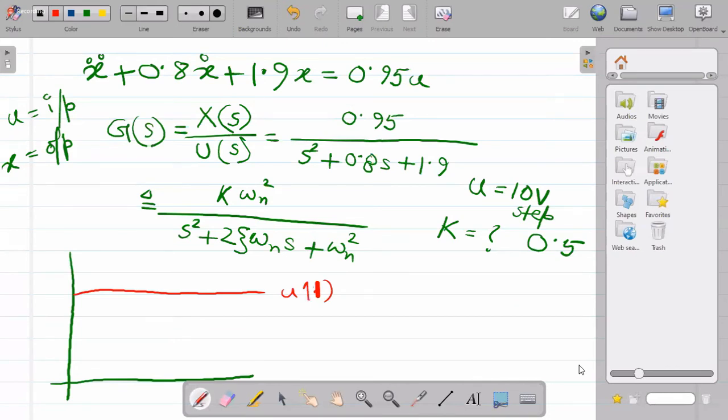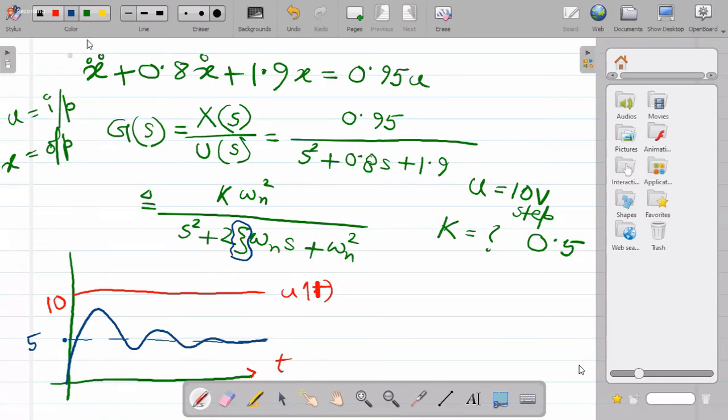This is your time axis, and this value is 10. Now, since this is a second order system, your response will depend upon the value of zeta. So given a particular value of zeta, the steady state value will be here, at 5 volt, and depending upon the value of zeta, you'll obtain different responses like this.